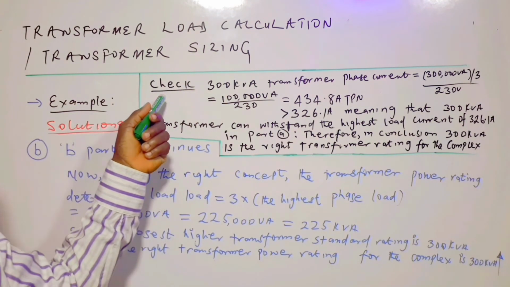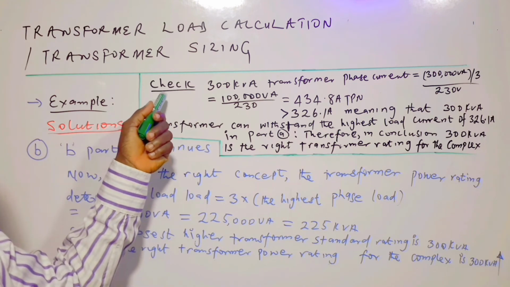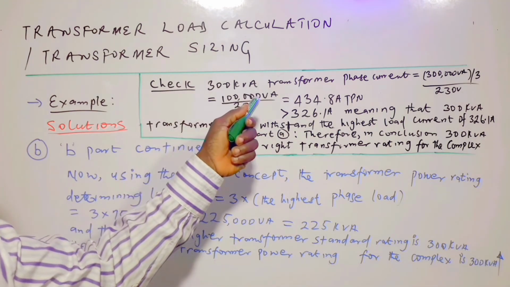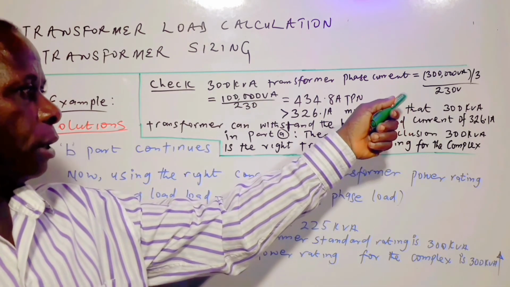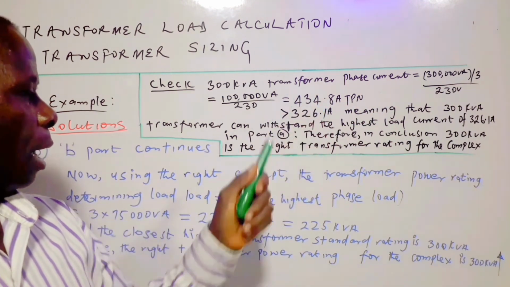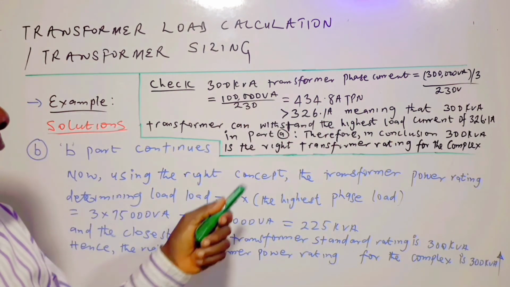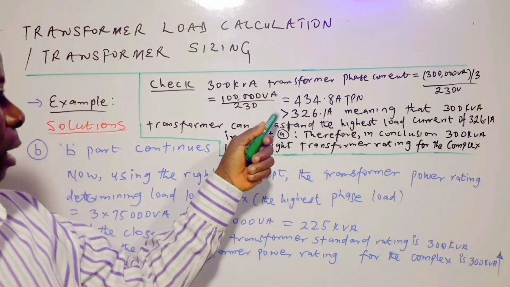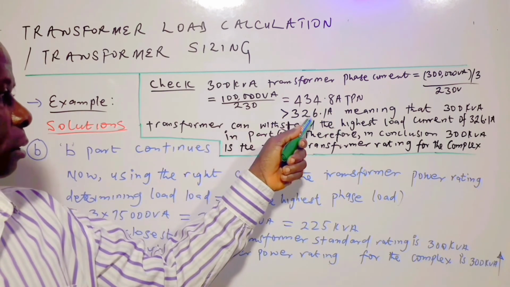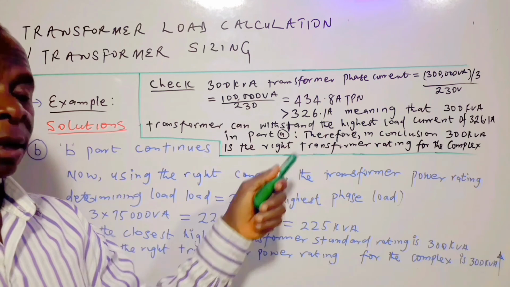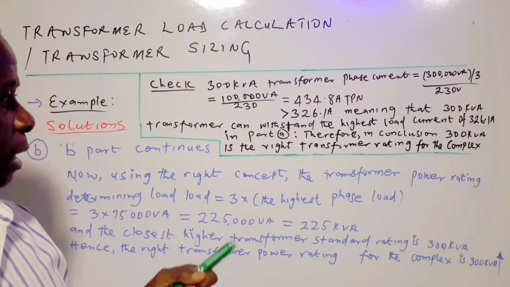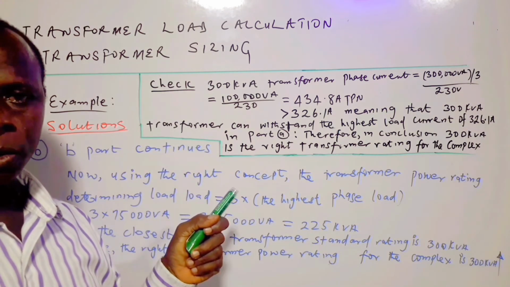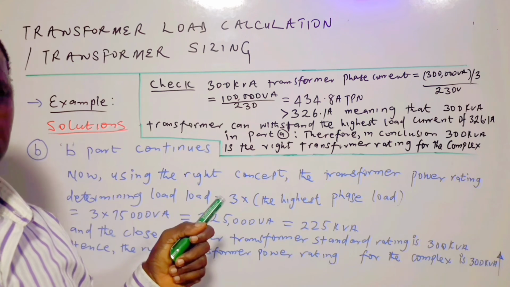And one can check as follows. We can calculate the phase current of the 300 kVA transformer, and this is the answer: 434.8 ampere per phase, and that is greater than 326.1 ampere, which is the highest current to be drawn by the red phase load as given by the question.